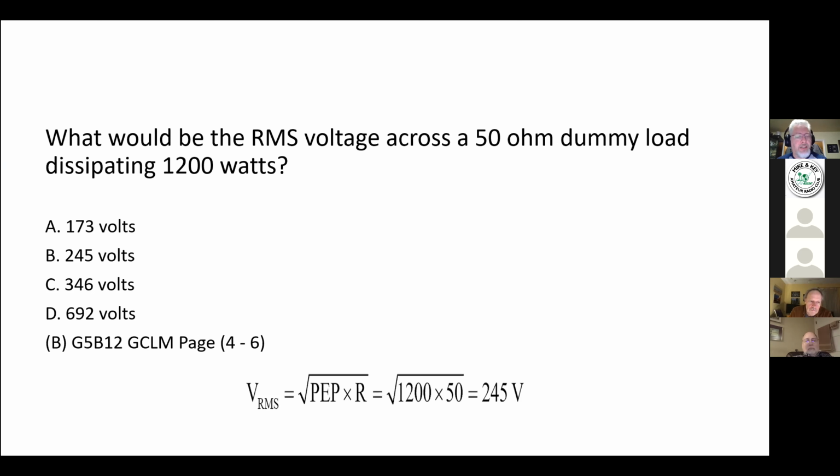The answer is B, Bravo, 245. So you take your peak envelope power times your resistance and take the square root of that. There's the math down at the bottom. I was lucky in the general stuff because they did give almost all of the math for all of the questions, so I cut and pasted it. So hopefully that helps out.